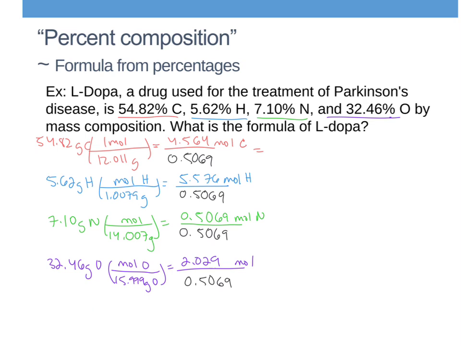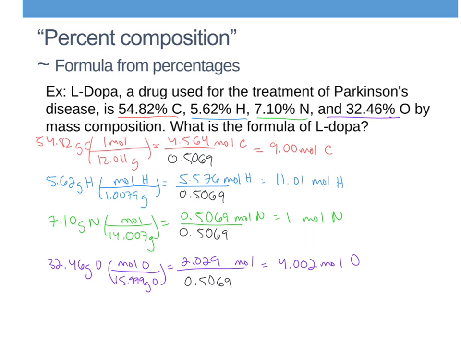If I do that, I end up getting 9.00 moles of carbon, 11.01 moles of hydrogen, and exactly 1 for nitrogen, because I just divided the same two things. And lastly, for oxygen, we get 4.002 moles of oxygen.